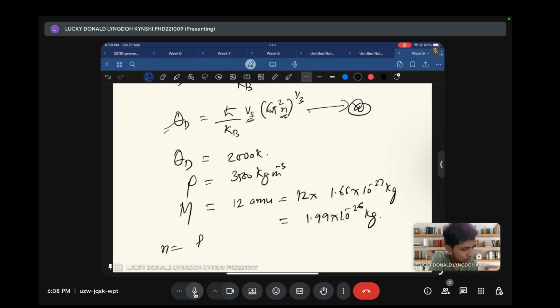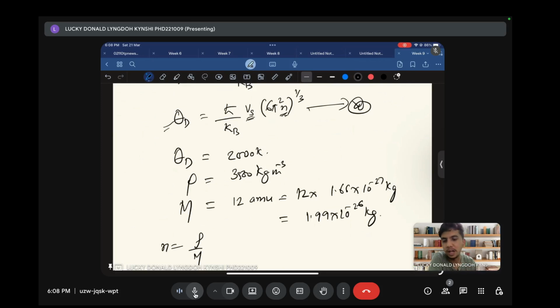So n is equal to, since density is equal to number density times atomic mass, n is equal to rho by m. Rho is 3500 kg per meter cube, and m is 12 AMU, which we found to be 1.99 into 10 to the power minus 26 kg.